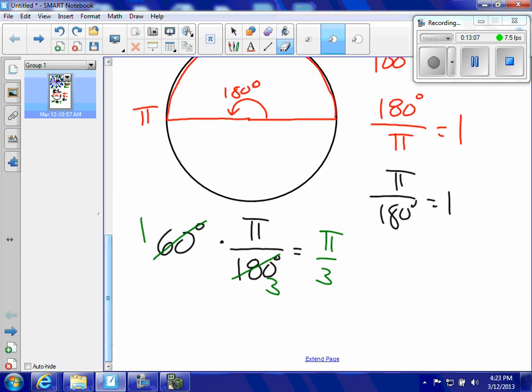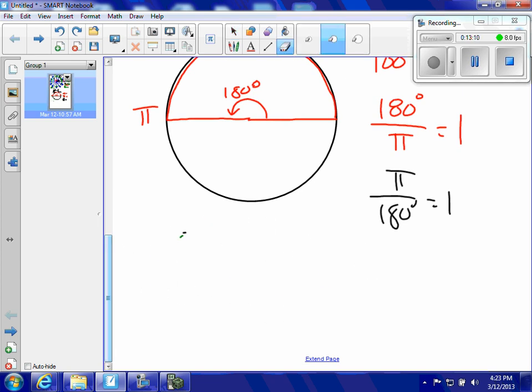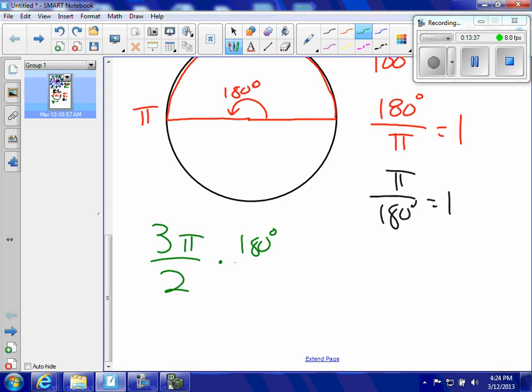Let's try it a different way. Let's say I'm going to have an angle that is 3 pi over 2 radians, and I want to know what it is in degrees. Well, I'll take 3 pi over 2, and I'm going to multiply it by 180 degrees over pi radians. I can see that my pi's cancel out.